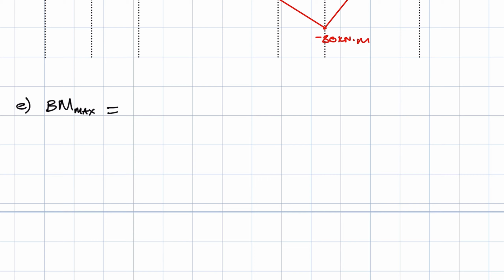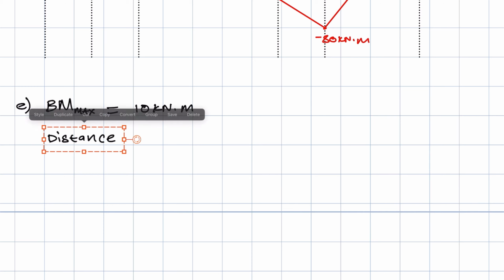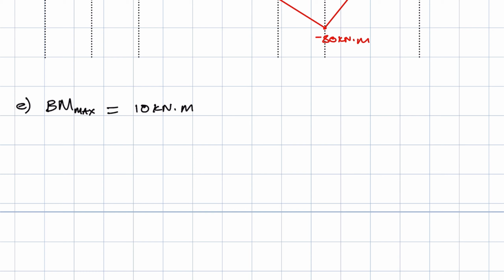So the maximum bending, the value is 10 kilonewton meters. And the position, let's say position, equals 2 meters from the left.